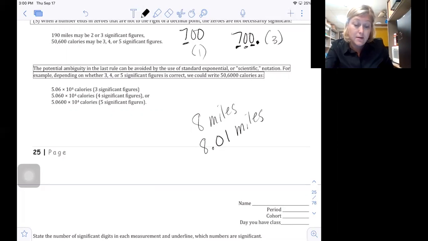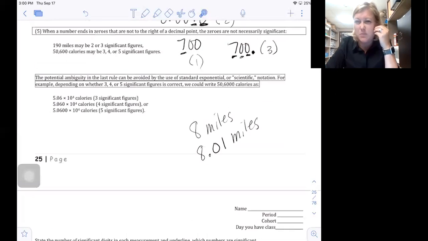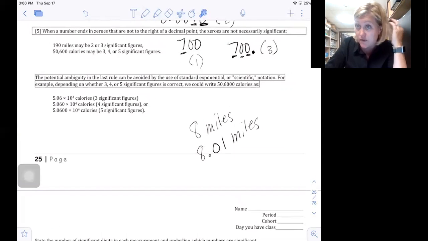How do I know that? Well, this one has how many sig figs? 1. And this one has how many sig figs? 3. Okay, so hopefully you have more of an understanding of why we use significant figures. It communicates how well you measured.